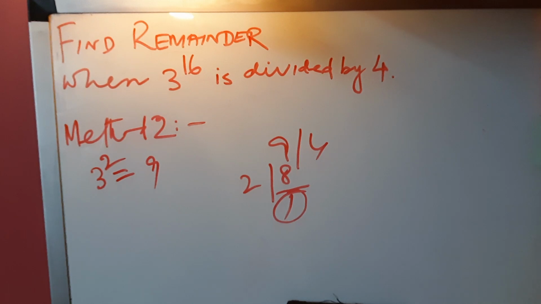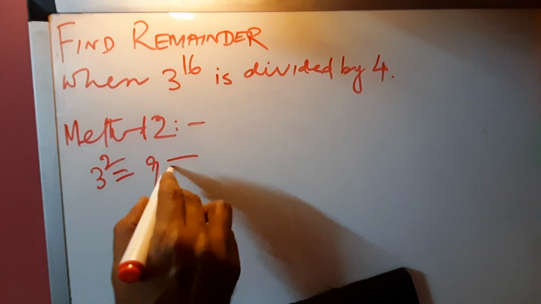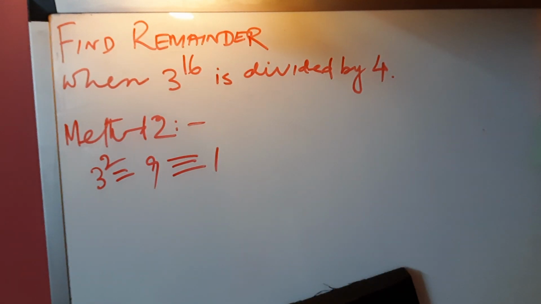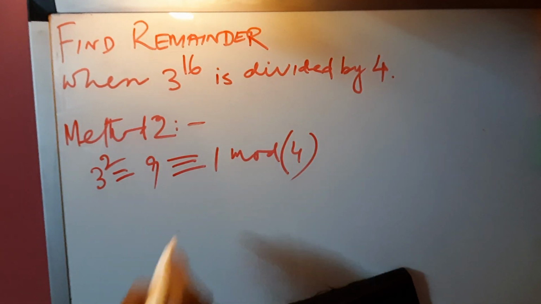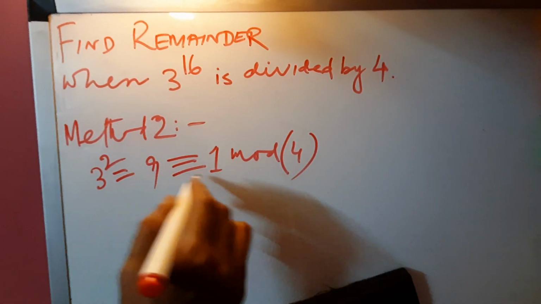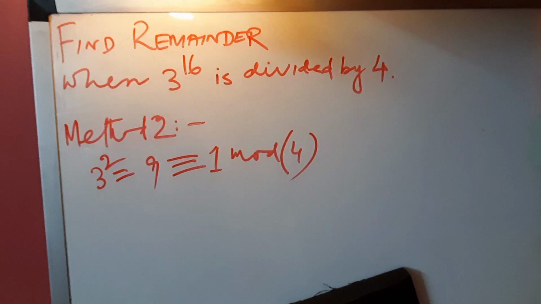So we can write 9 is congruent to 1 mod 4. When 3 square is divided by 4, the remainder will be 1, and mathematically we can write 3 square equals 1 mod 4.